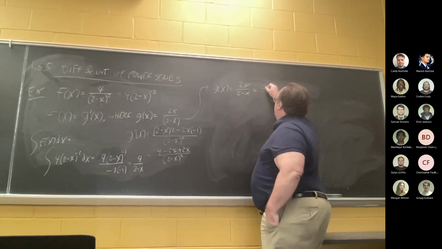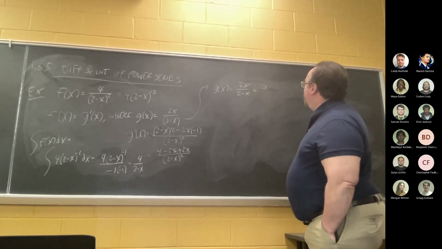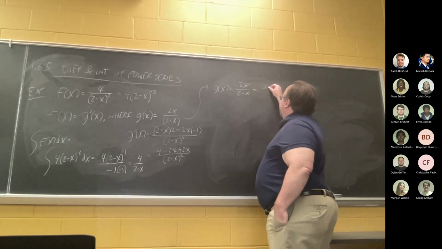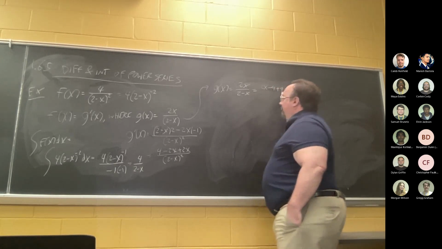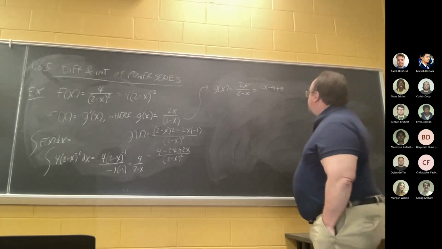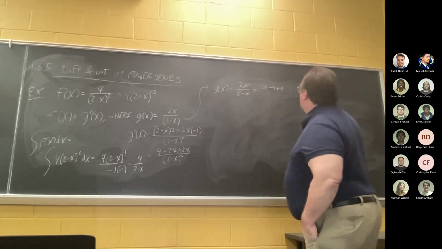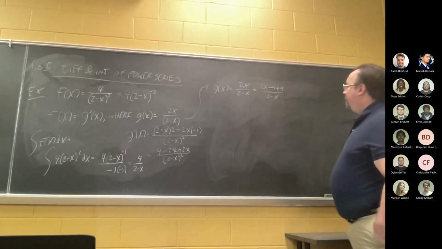So I'm going to have 2x, let's be careful about how I do this. 2x minus 4 plus 4, all over 2 minus x.